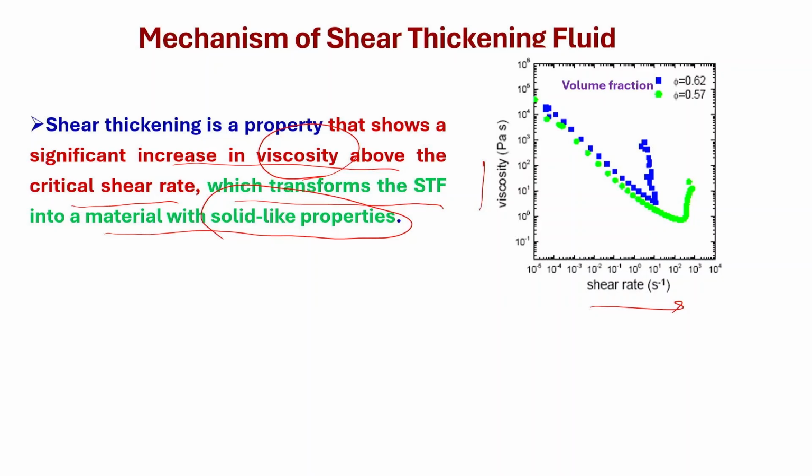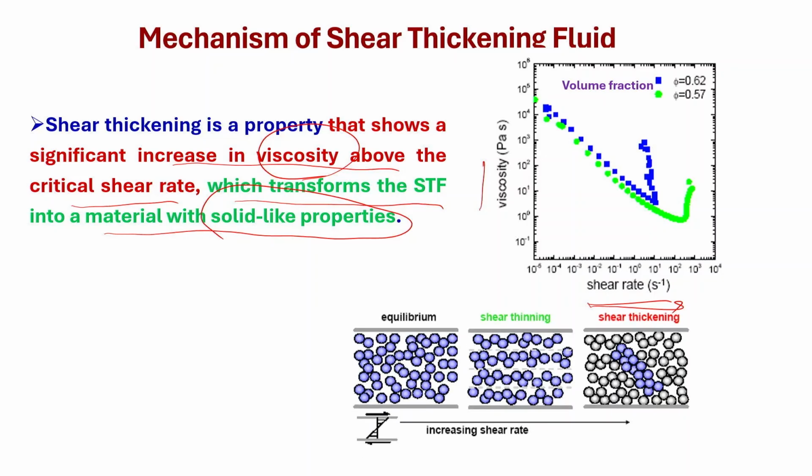If it decreases with the shear rate, then it is called shear thinning. So, this is a shear thinning material.